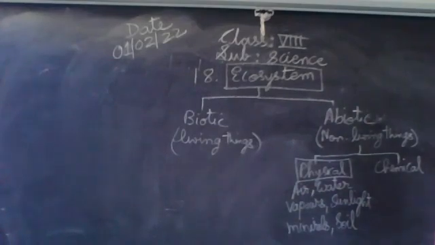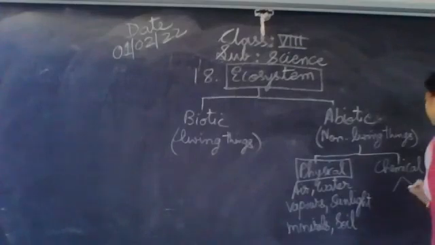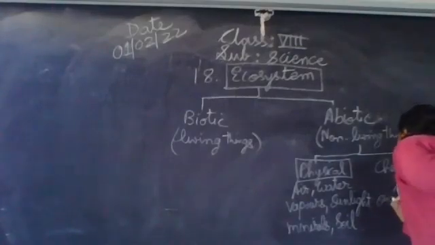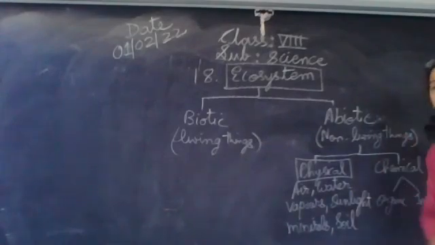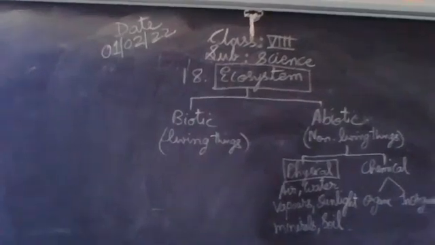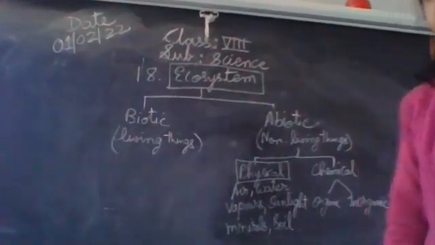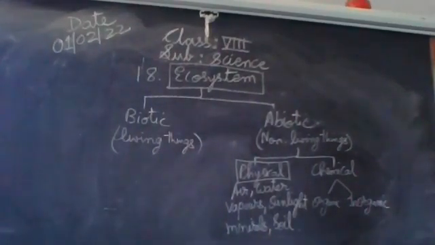Okay, and chemical abiotic factors can be further classified into organic and inorganic factors. Okay, organic factors are the proteins, carbohydrates, lipids that are being processed in our bodies and we need it for our growth.